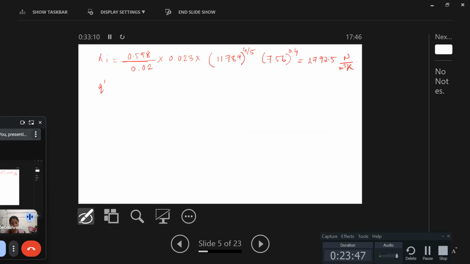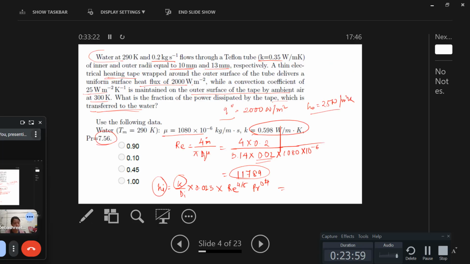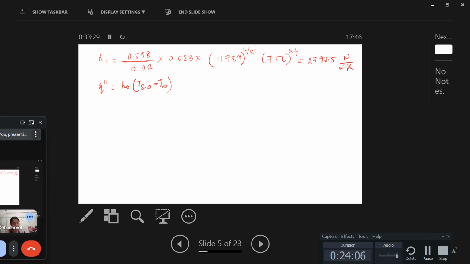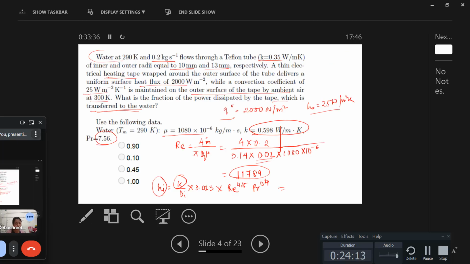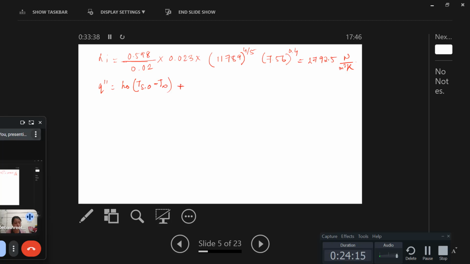So we know this total flux is equal to H naught. This is for the outer side, above the coil or above the heating tape, and inside both conduction and convection are taking place, because of the Teflon material and also the convection inside.